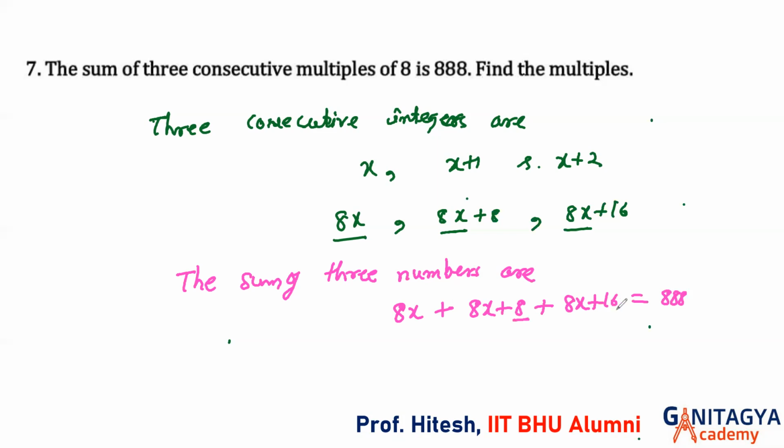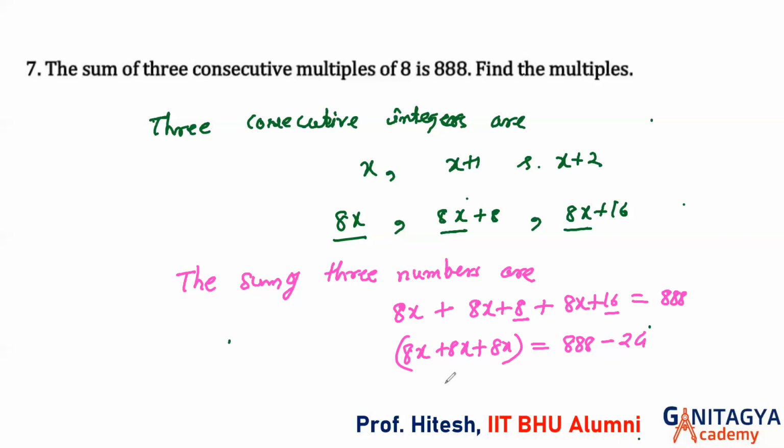So 8x plus 8x plus 8x is equal to 888 minus 24. Or you can do one more thing.